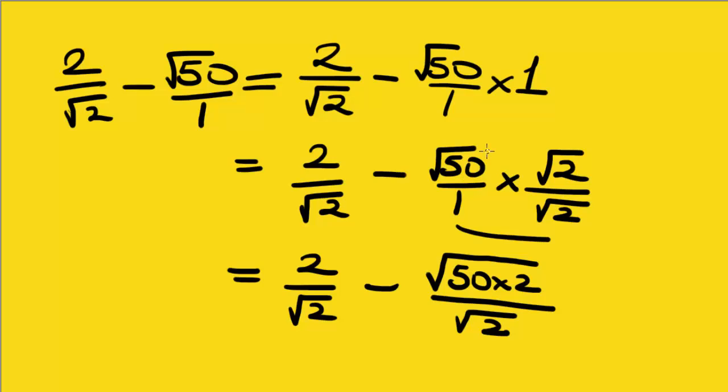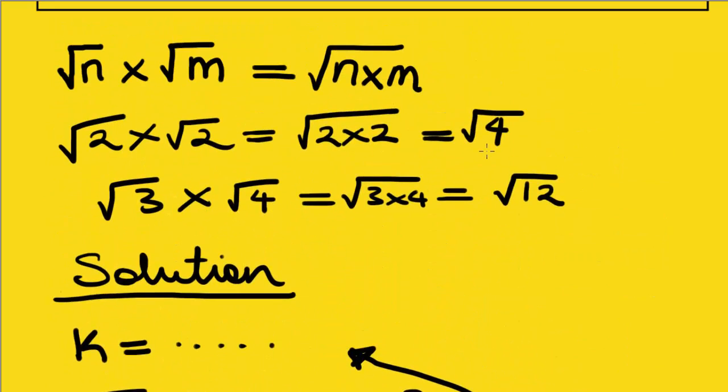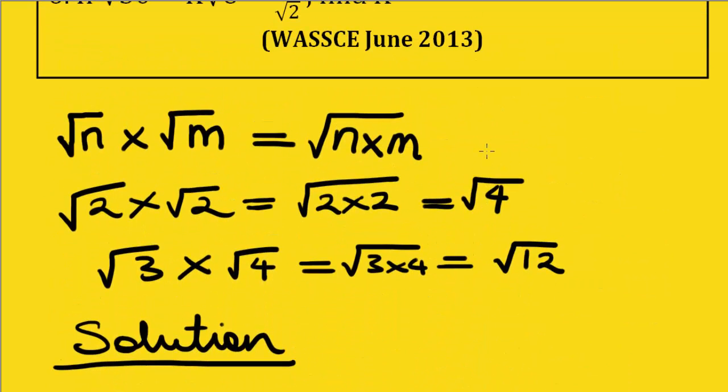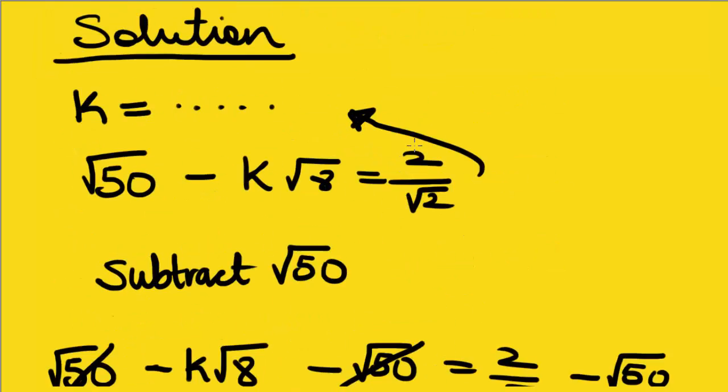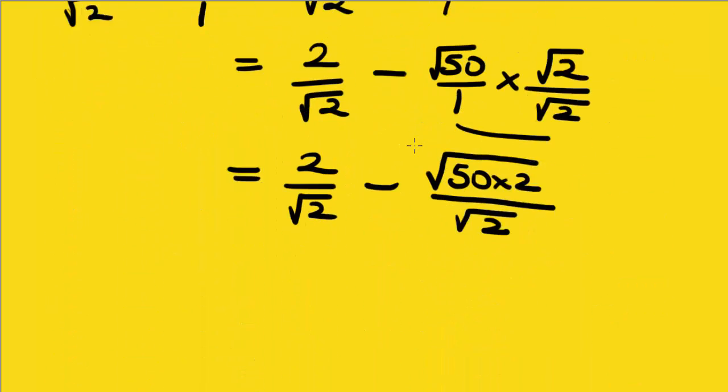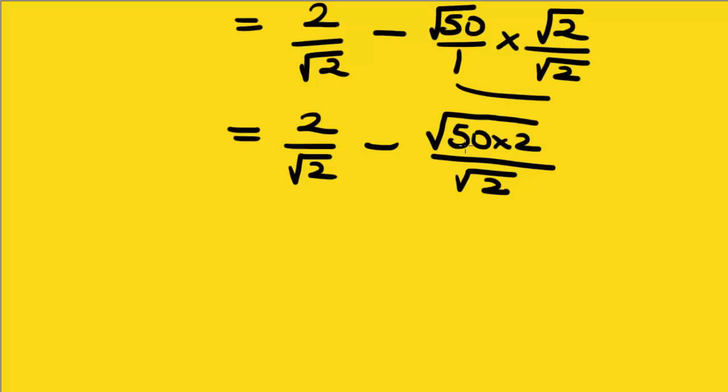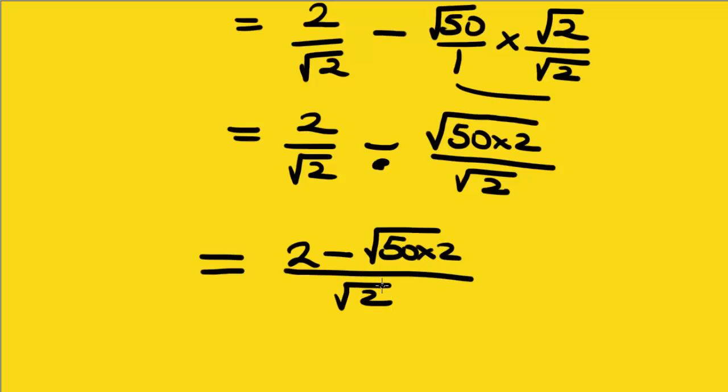From what I showed you initially, root n times root m is root n times m, which is what I just did here. Now you can see both fractions have the same denominator, and when adding or subtracting fractions with the same denominator, all you have to do is apply the relevant operation, in this case subtraction, to the numerators, and the denominator remains the same.